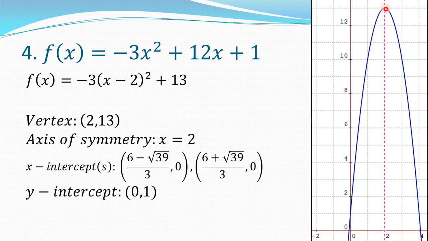So that's the highest point. Axis of symmetry is x equals 2. There it is. Your x-intercepts are these values, right here. Those are your x-intercepts. Your y-intercept is (0, 1). The x is 0 and y is 1. So pretty much, it really verifies.